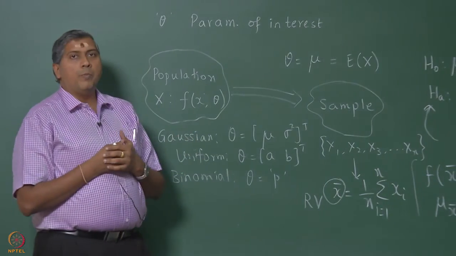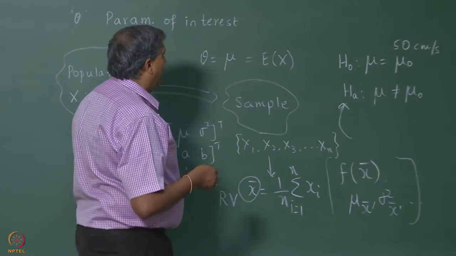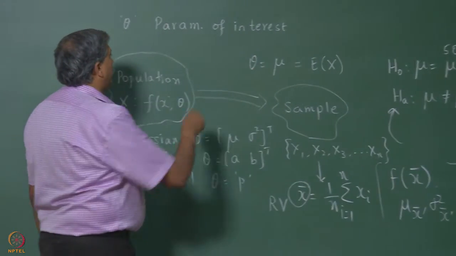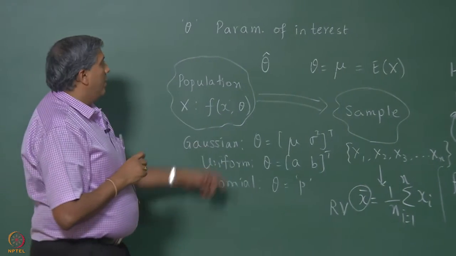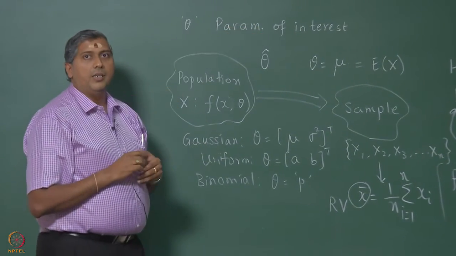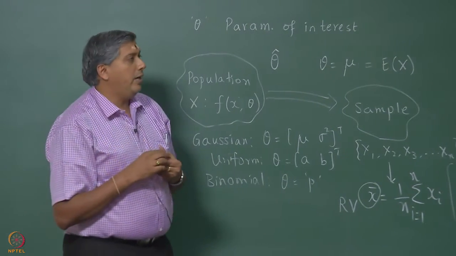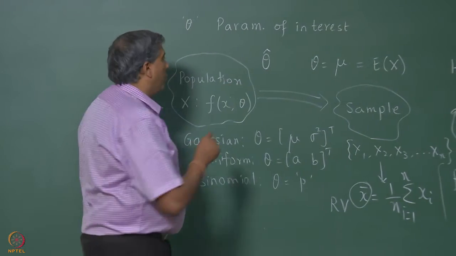One more piece of information I want to give you is, we will generally use theta as the parameter and theta hat as its estimate or statistic. This usage of hat in estimation theory or in statistical analysis is quite common to denote that it is only an estimate and different from the truth.